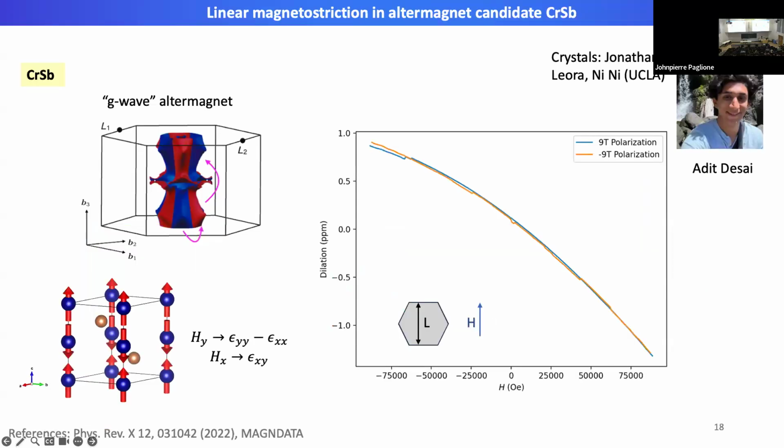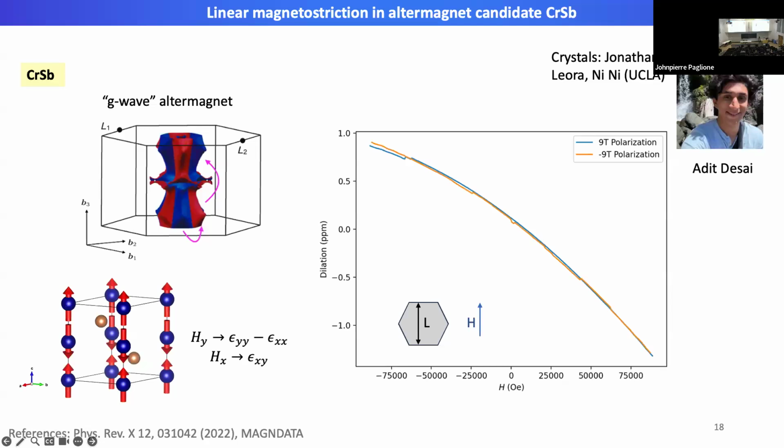So with this setup, right, since we are able to measure length pretty precisely now, we can now apply this tool to study the piezomagnetic effect through the magnetostriction. So we've applied this on an altermagnet candidate, chromium antimonide, where we got the crystals from Nini's group at UCLA.